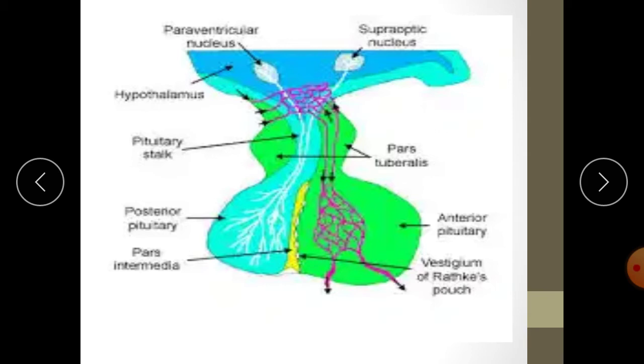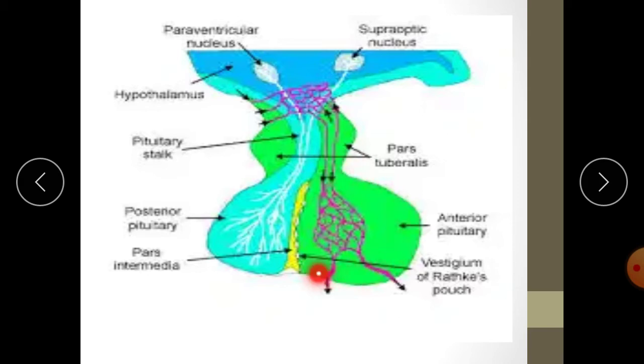From the hypothalamus, nerve cells enter the pars nervosa, that is the posterior pituitary, all these nerves coming from the hypothalamus. So nerve cells are present in the posterior pituitary, whereas in the anterior pituitary, nerve cells are not present, because this part is derived from the roof of the oral cavity, the oral ectoderm.